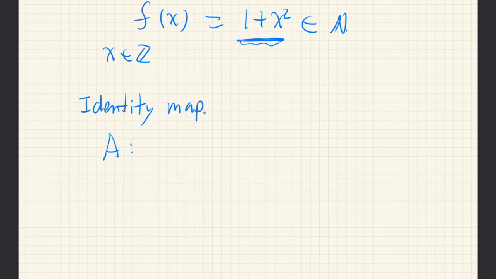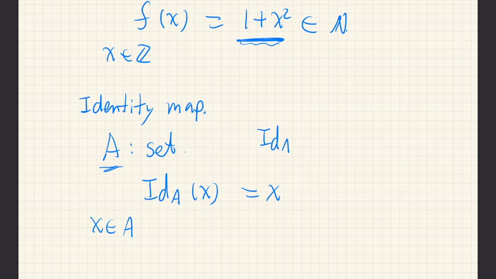So if A is any set, we can define the identity map of the set A as this, where x is any element of A. So in this case, the domain and the codomain are the same set A. So this ID A has domain A and codomain A, or maybe you can write it like A to A. So this map can be defined for any set.